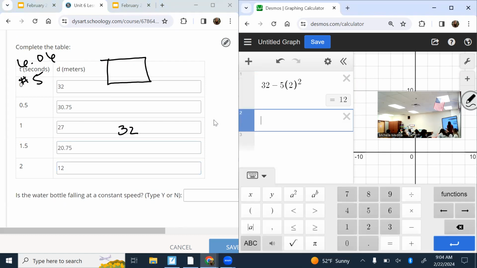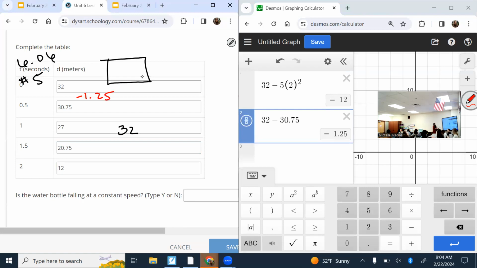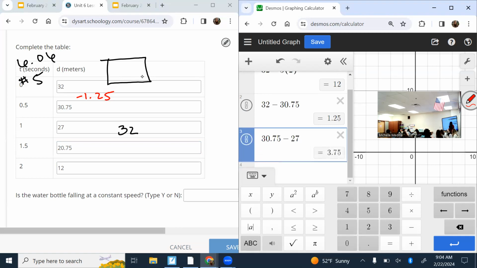So like 32 minus 30.75, that's a difference of 1.25. 30.75 minus 27 is 3.75. So is it decreasing by a constant amount?